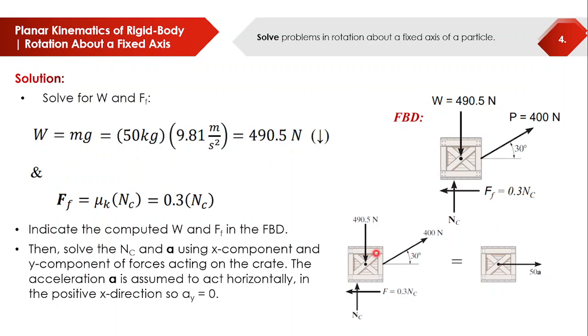Meron siyang mga unknowns na masosolve using horizontal component, and meron din tayong masosolve na mga unknowns using vertical components. So basically parang projectile motion lang siya, so how to solve for this kind of problems, kumbaga.